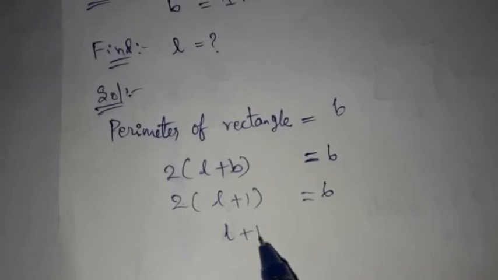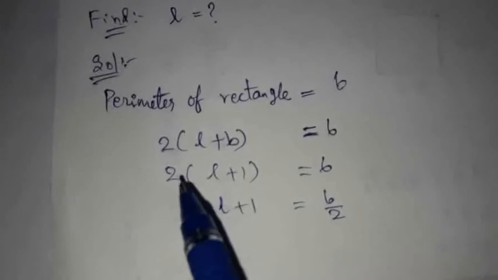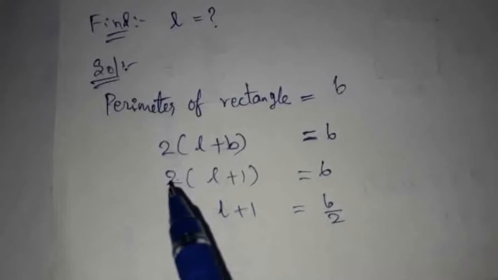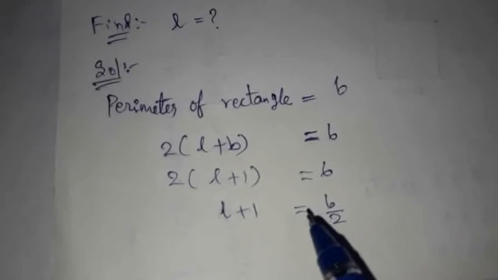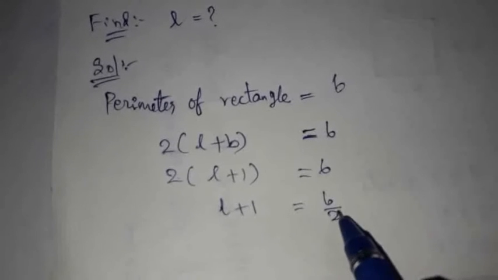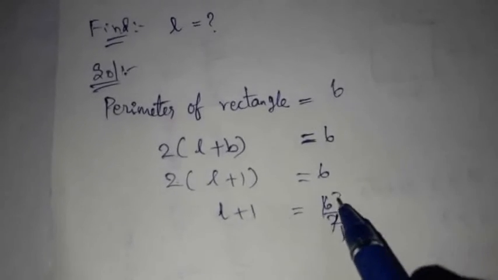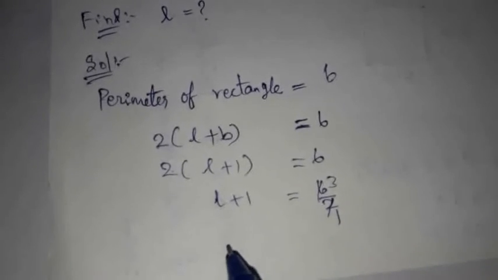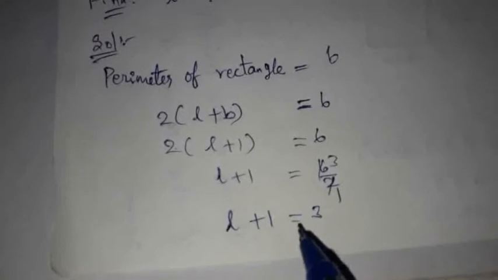So, L plus 1 equal to 6 by 2. Here 2 is in multiplication. When it transposes, it will become division. So, it will become 6 by 2. We are going to divide this by second table. 1 2 is 2, 3 2s are 6. So, we got L plus 1 equal to 3.